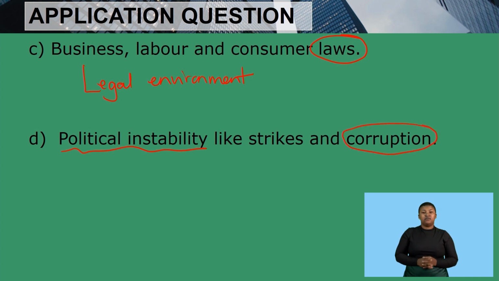And this is then, of course, examples of political environmental issues. So our answer then for this one is political environment. And there we have then classified each of these challenges according to the component of the macro environment.